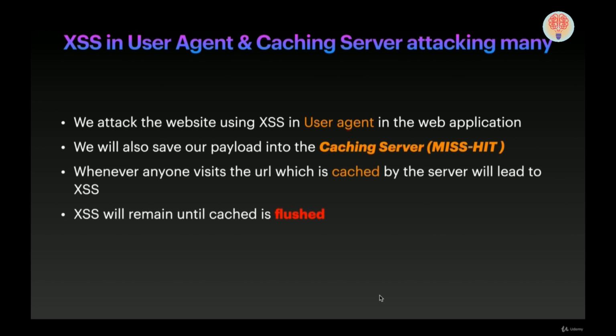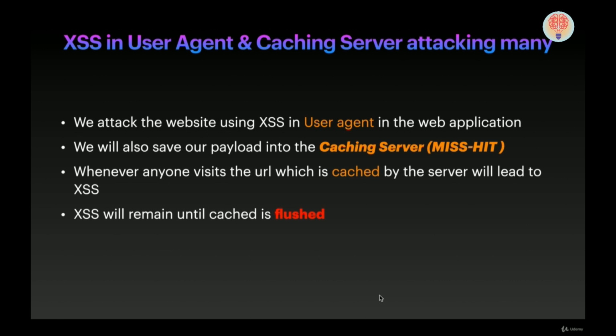So we will attack the website using XSS in the user agent in the web application. We will also save our payload into the caching server in the form of miss and hit. We are going to understand this in the practical. Whenever anyone visits the URL which is cached by the server, in this case, a Sucuri based caching server, it will lead to XSS.